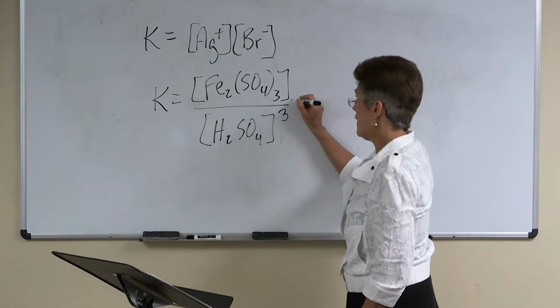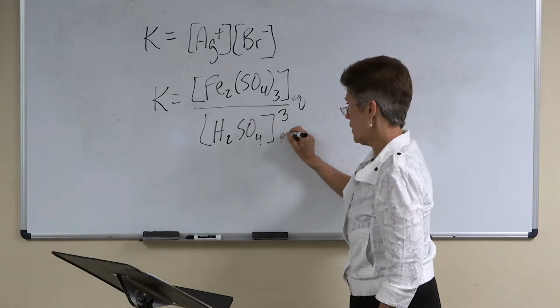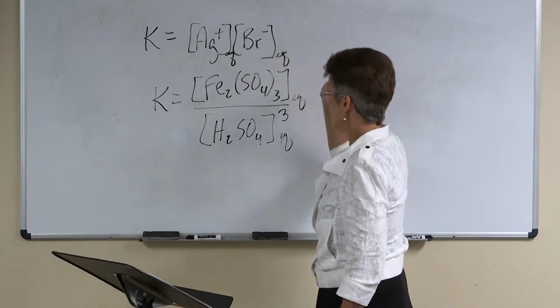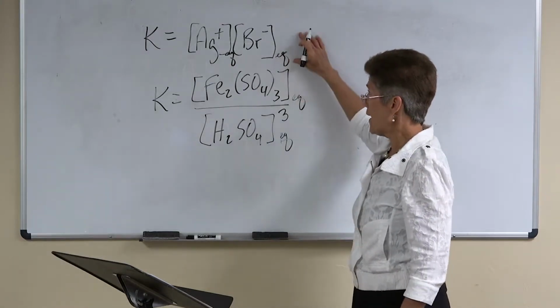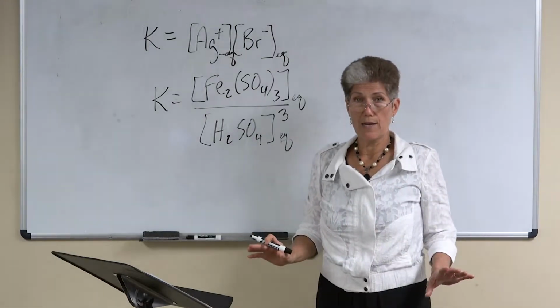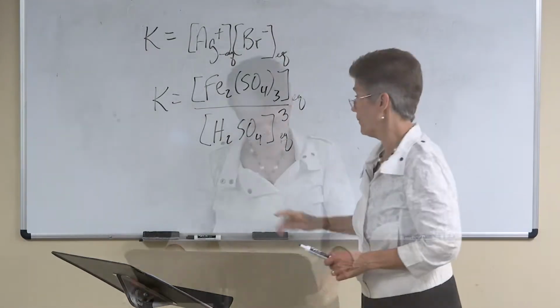Don't forget that. And then if you want, you can write your little equilibrium arrows in here. So that's A and that's B, and that's because solids and liquids, remember, fall out, so they don't get written in here.